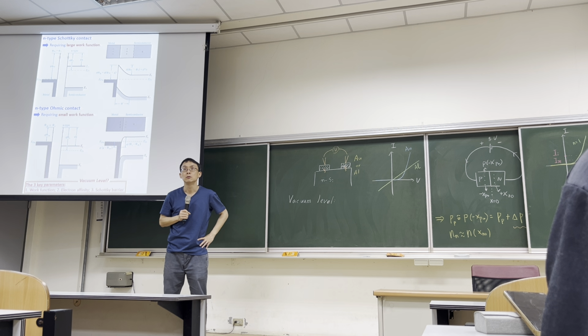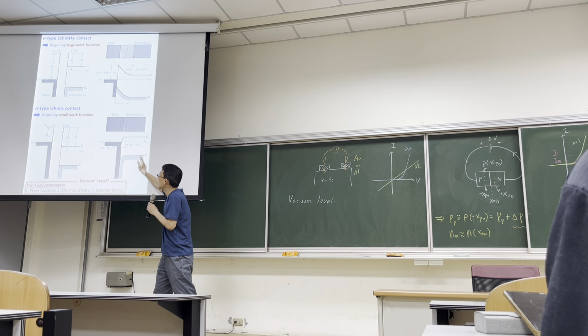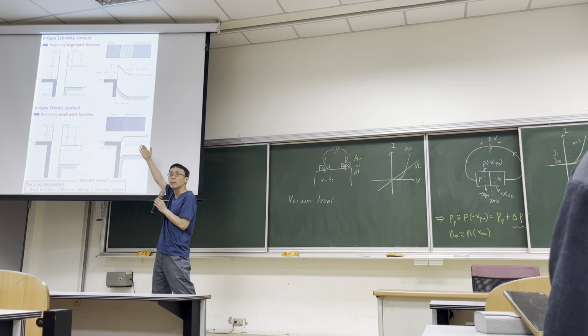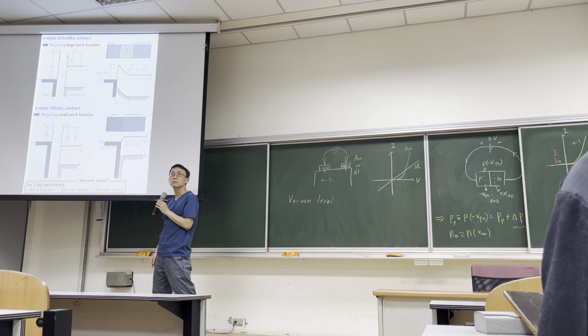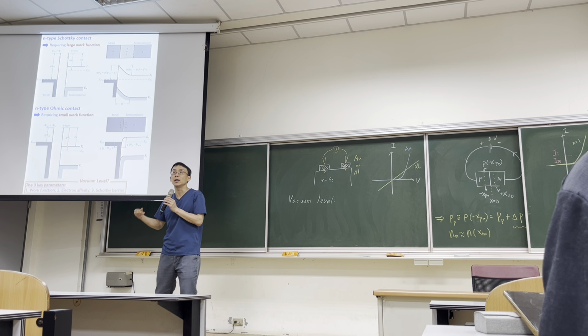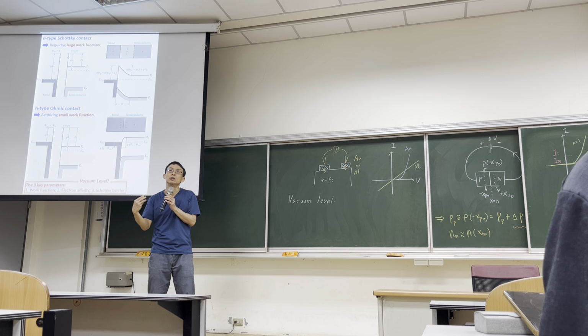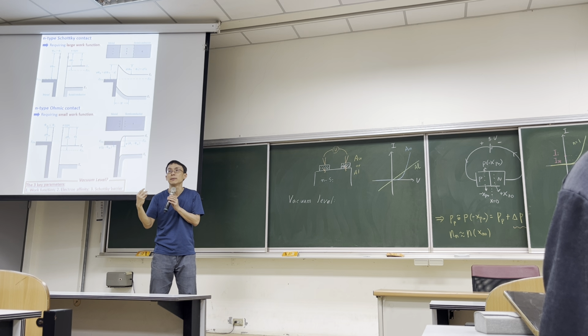So which one will give you large currents? Bending down or bending up when you apply the voltage across the interface? Make a guess. Imagine you are an electron. That's always my suggestion.